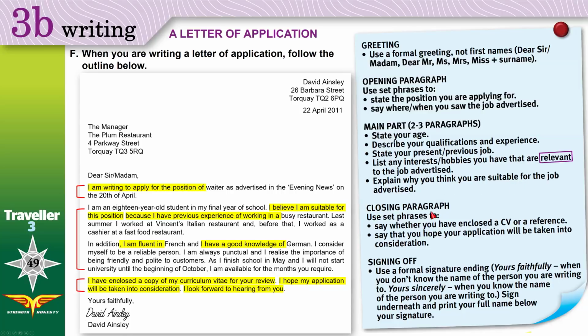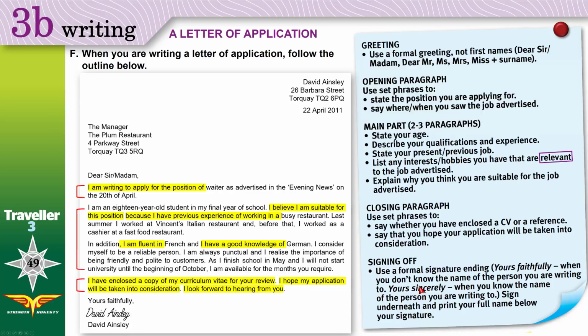You explain why you think you are suitable for the job advertised. In the closing paragraph, you use set phrases to say whether you have enclosed a CV or a reference. You say that you hope your application will be taken into consideration. And then the sign off: you use a formal ending like "Yours faithfully", like here, if you don't know the name of the person you are writing to.